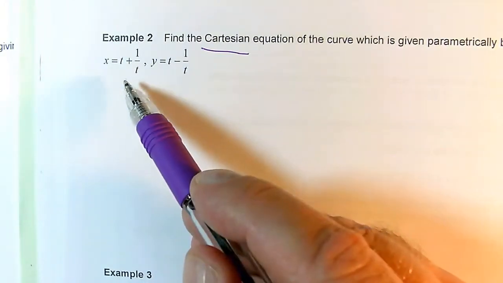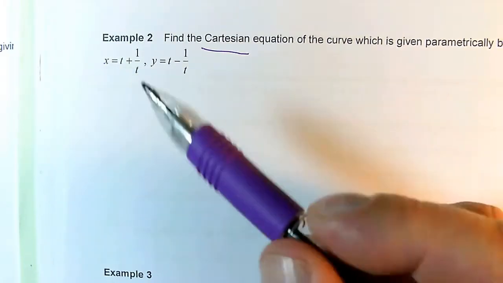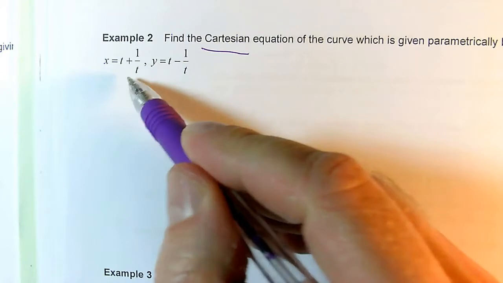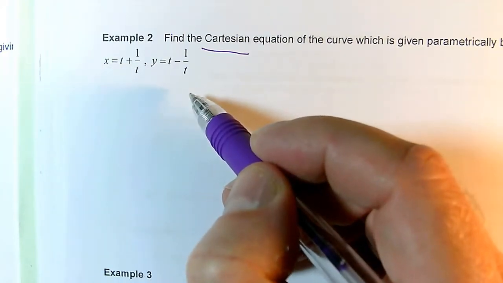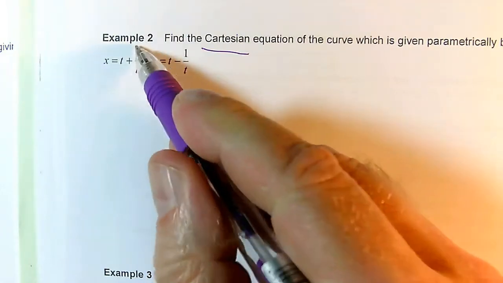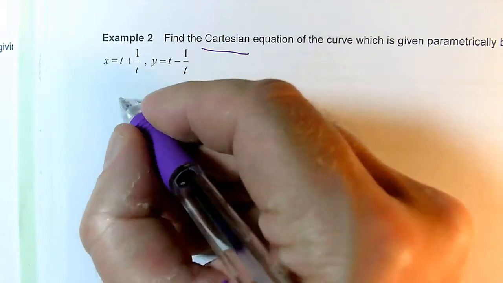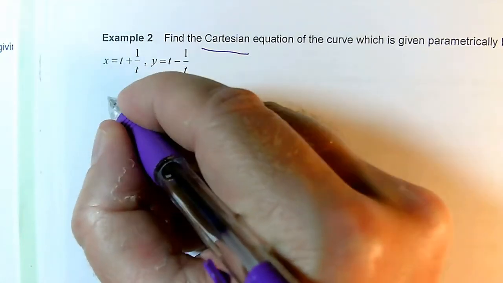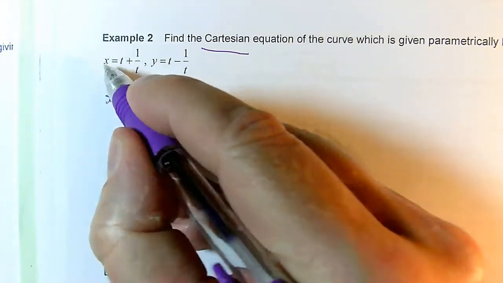All right. What I can notice, though, is that x and y are very similar. So x and y just have this sign swap. So what I can do is treat this a little bit like simultaneous equations, and I can very easily eliminate this 1 over t. So if I do the equation for x plus the equation for y, obviously I'm going to get x plus y.